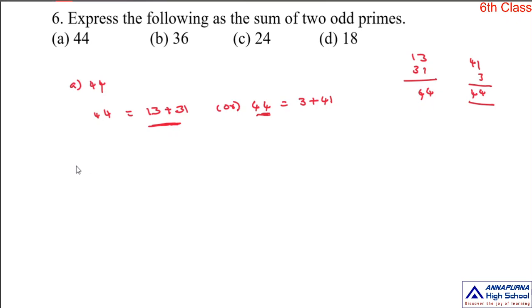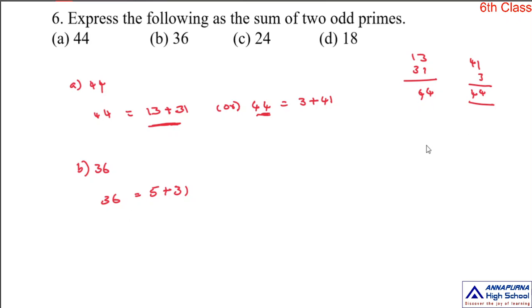We have 36. 36 can be written as 5 plus 31. 5 and 31 are two odd prime numbers. We add these two, we get 36.